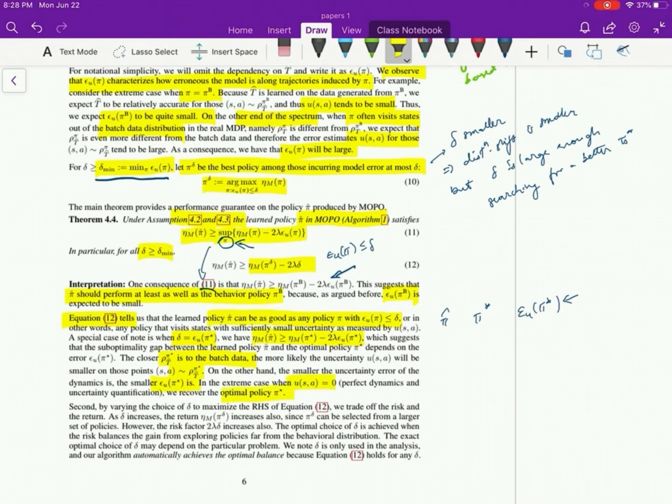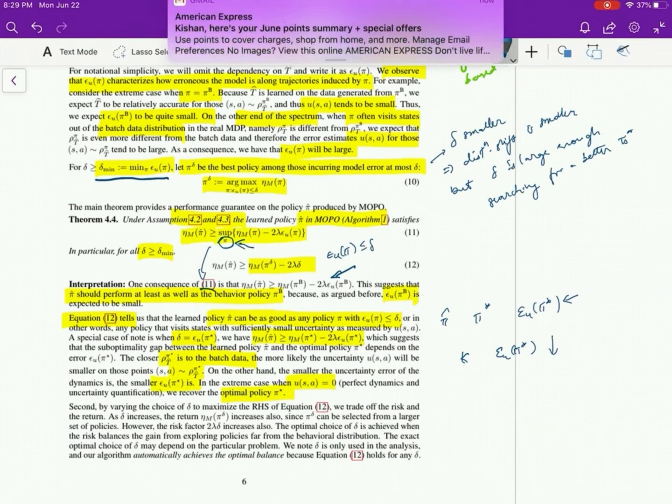So yeah, getting at least how far away. So let me pose this question. As the iterations increase, is it possible that epsilon u of pi star decreases at some rate on k?